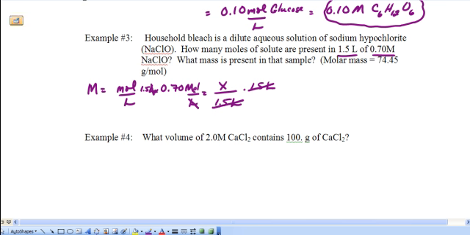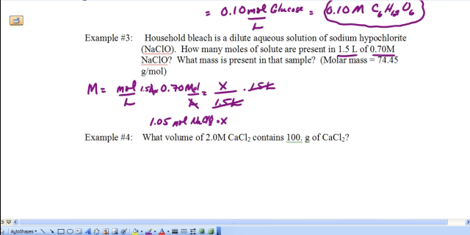So now I'm left with X, which is going to equal 1.5 times my 0.7. The only unit that's left is moles, so we're good there. And 1.5 times 0.70 is going to be 1.05 moles of sodium hypochlorite. Alright, so that's the first question. How many moles of solute are present?